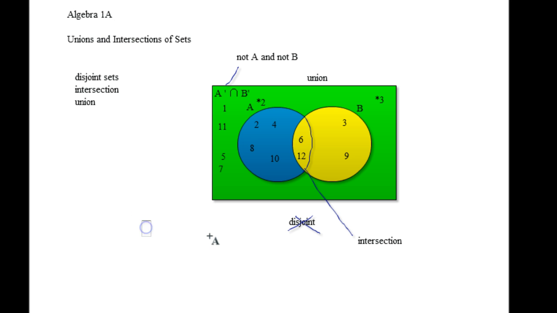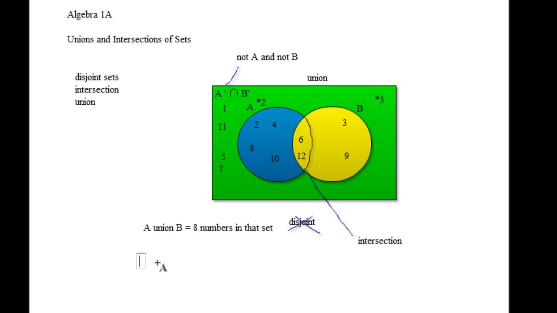So I would say A union B is going to be 8 numbers in that set. Okay, so that's pretty simple.